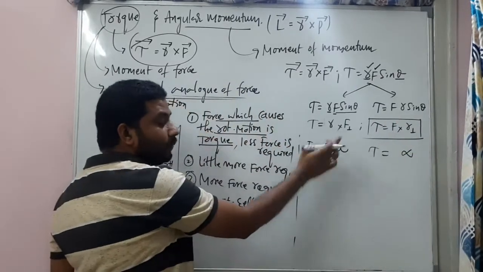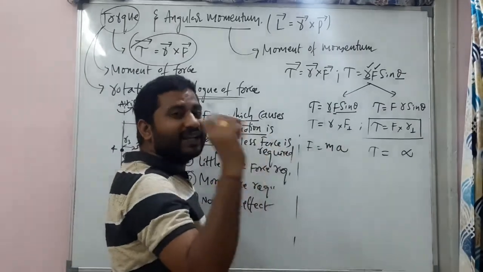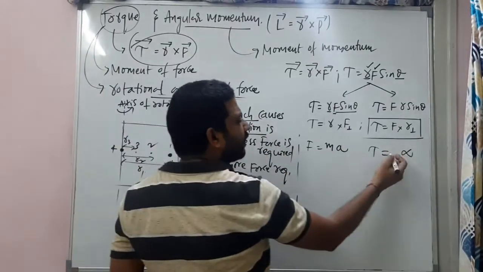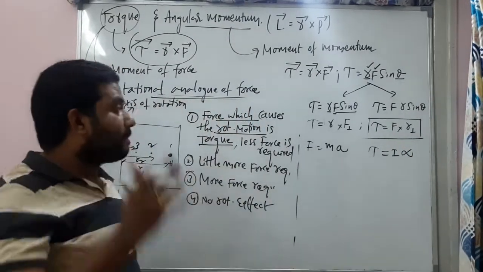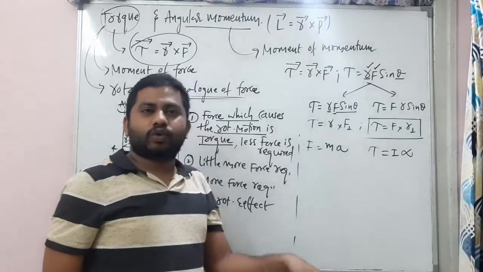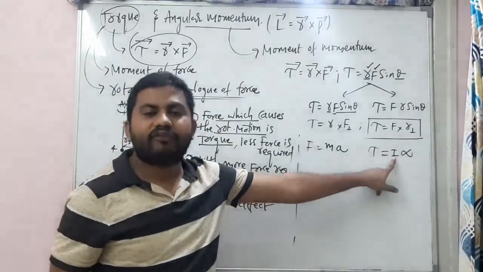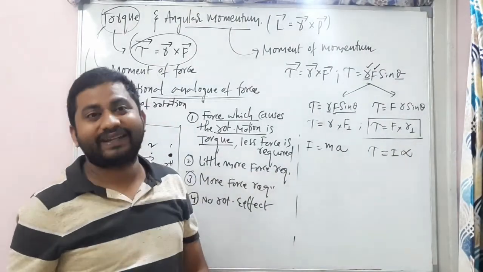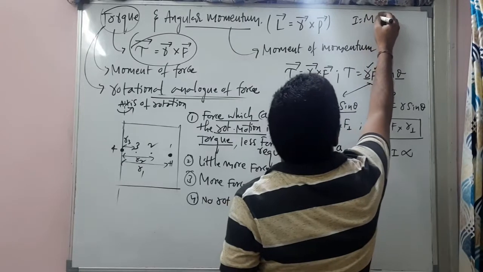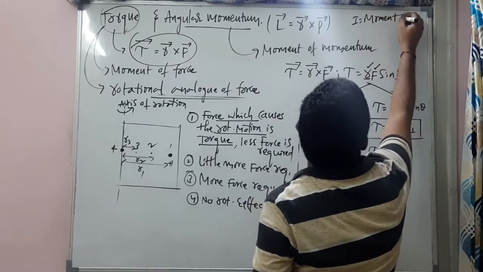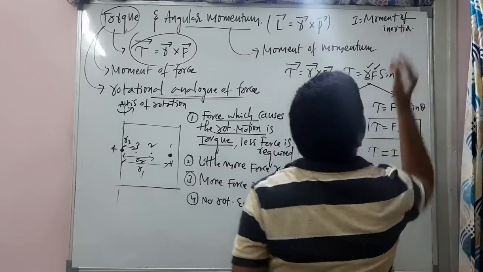And this mass is the inertial mass, and here it will be the moment of inertia, my dear students. The mass in linear motion will be replaced with I, the moment of inertia, in rotational motion. Listen carefully, where I is equal to moment of inertia. No confusions, my dear children.